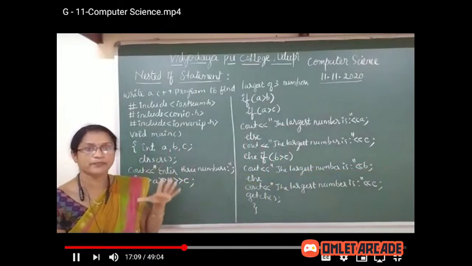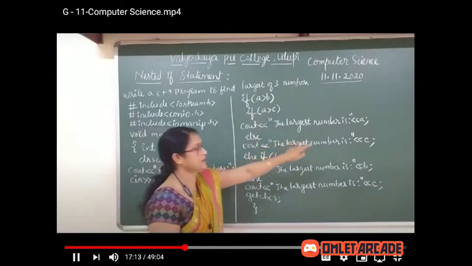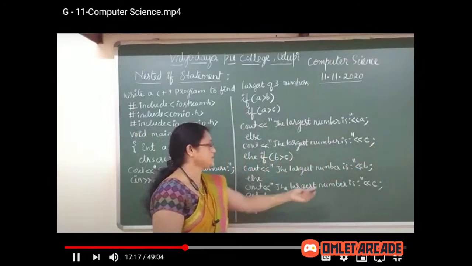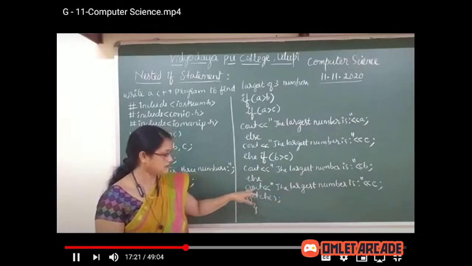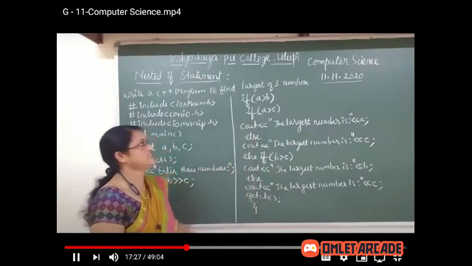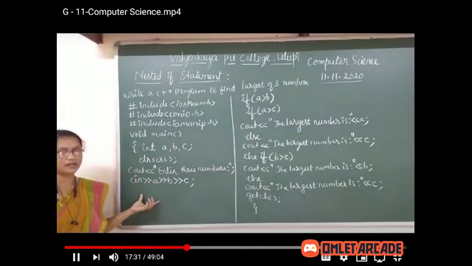After else open a flower bracket, then that should be closed at the end, before the getch function. Okay, so this is about the nested if statement programming example.